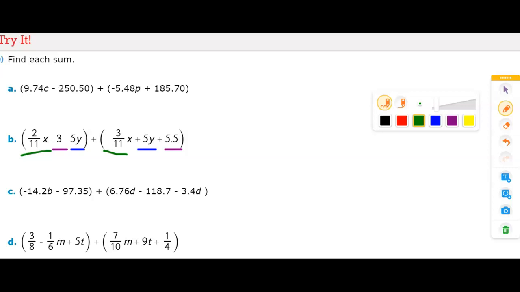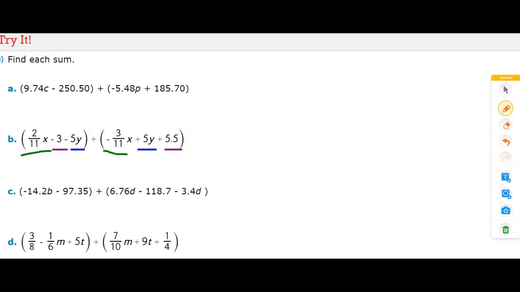So now we're going to combine the like terms. So 2 11ths times x plus the 3 11ths times x. They both have the same denominator, and that is exactly what we need when we are adding or subtracting fractions. So then all we have to worry about is the numerator.